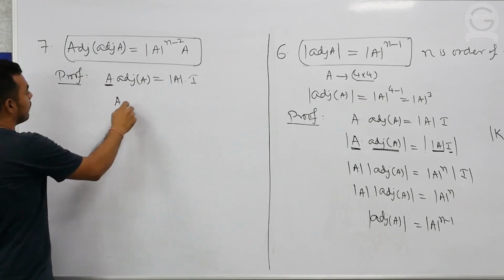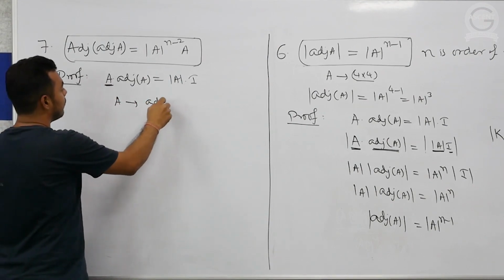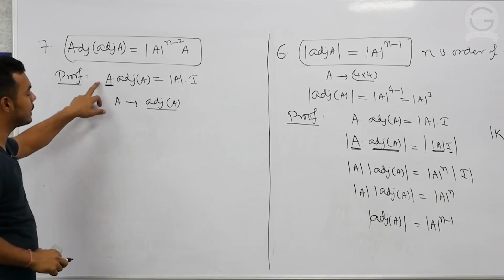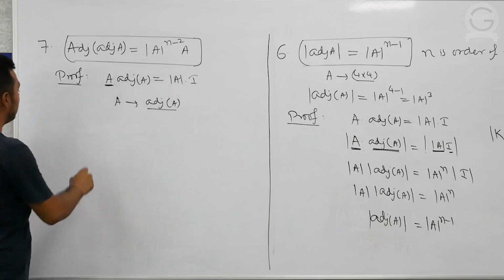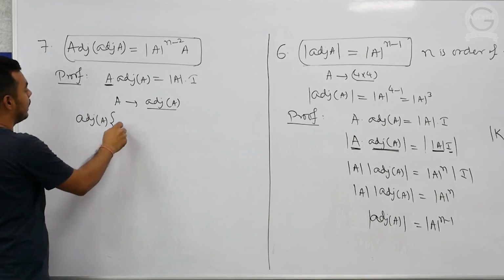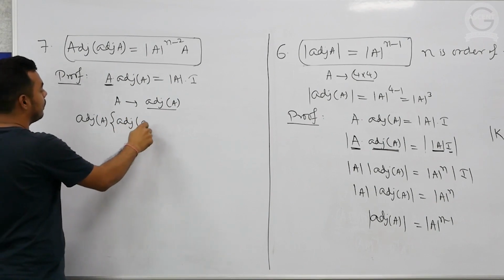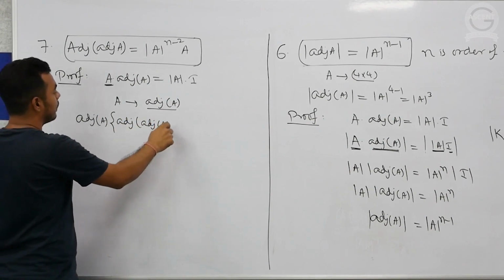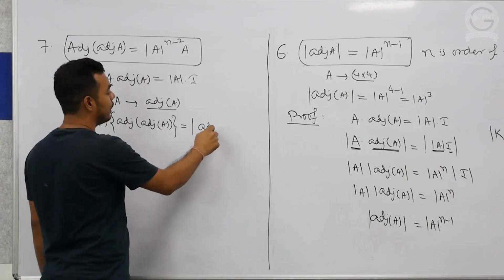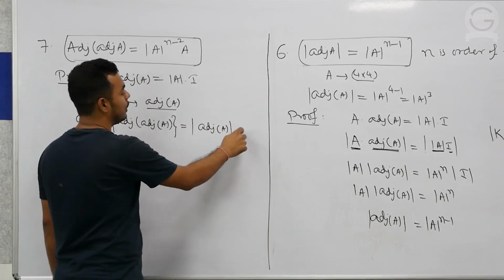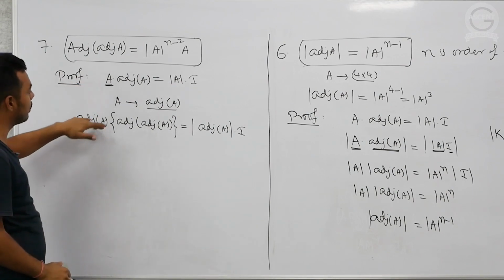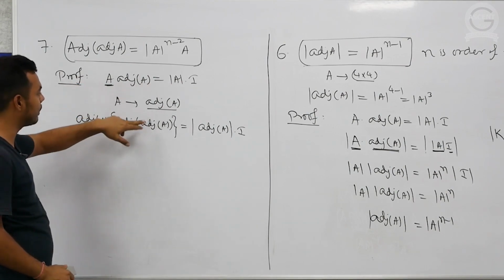So in place of A, now I am going to write adjoint of A. Adjoint of A is also a matrix, so I replace A by adjoint of A. So I will get adjoint of A multiplied by adjoint of adjoint of A, and this will be determinant of adjoint of A into identity matrix.